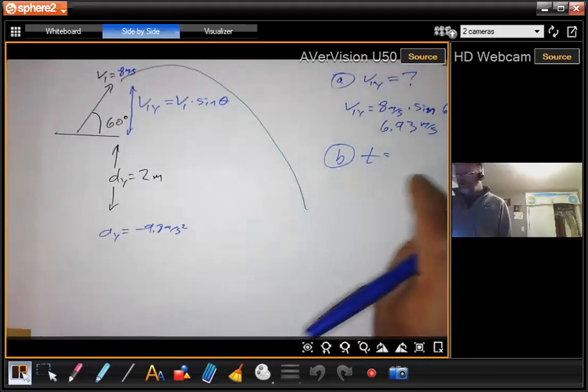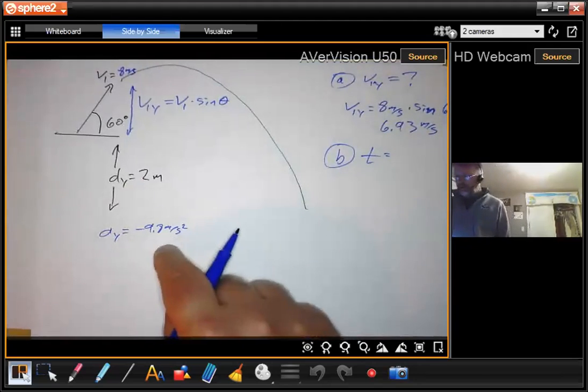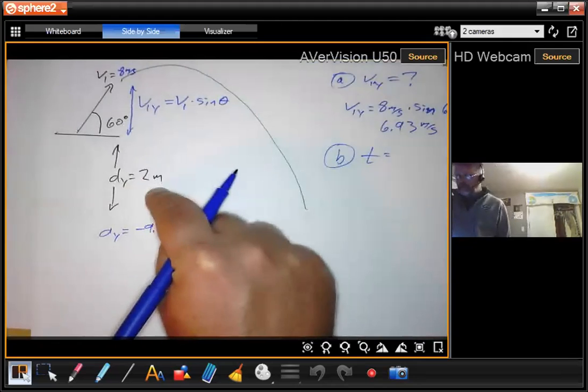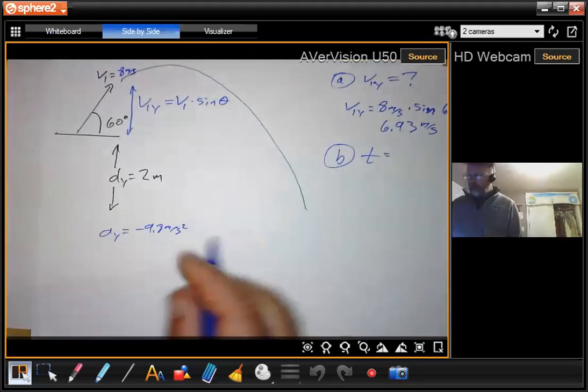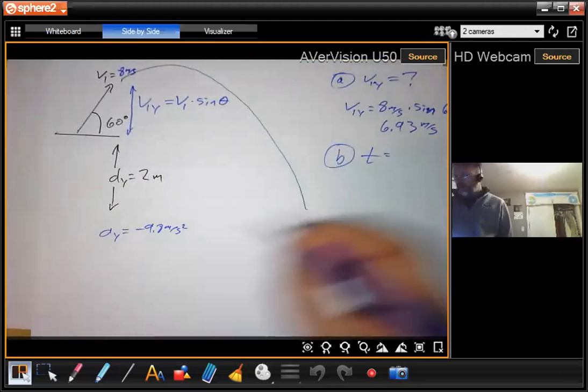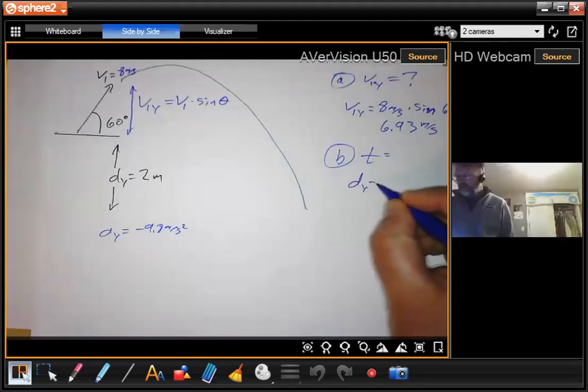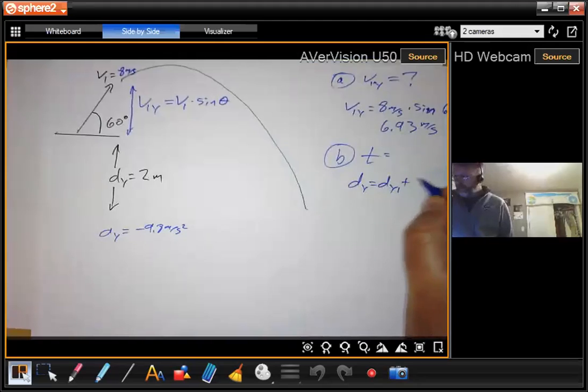So if we're looking for time, we know acceleration, we know velocity, we know distance. That means we can go to our old standby here. Oops.